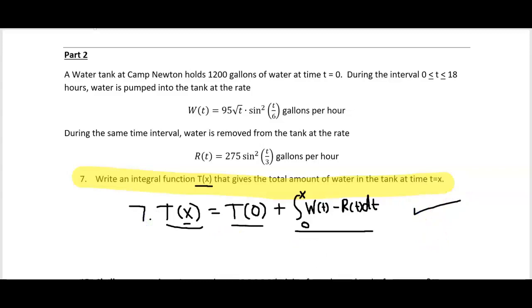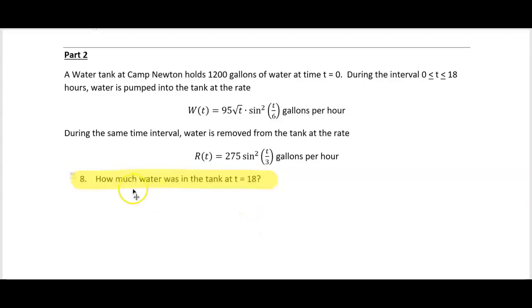Okay, let's move on to number 8. How much water was in the tank at t equals 18? So to answer that question, we're going to take our answer from part 1, which was the function, and we're going to plug 18 in for the time value that they're asking about.